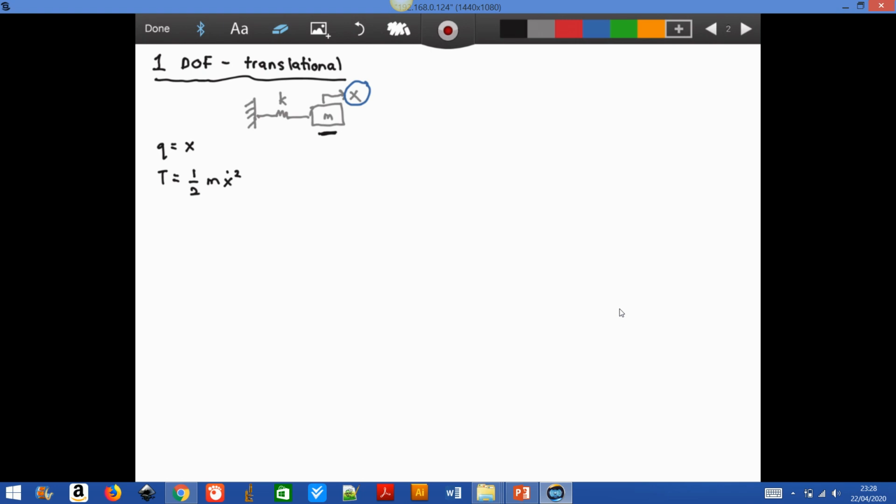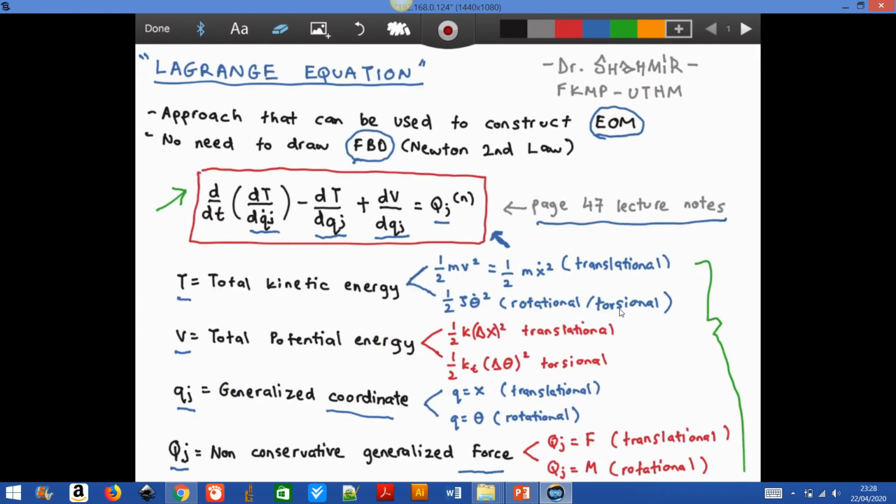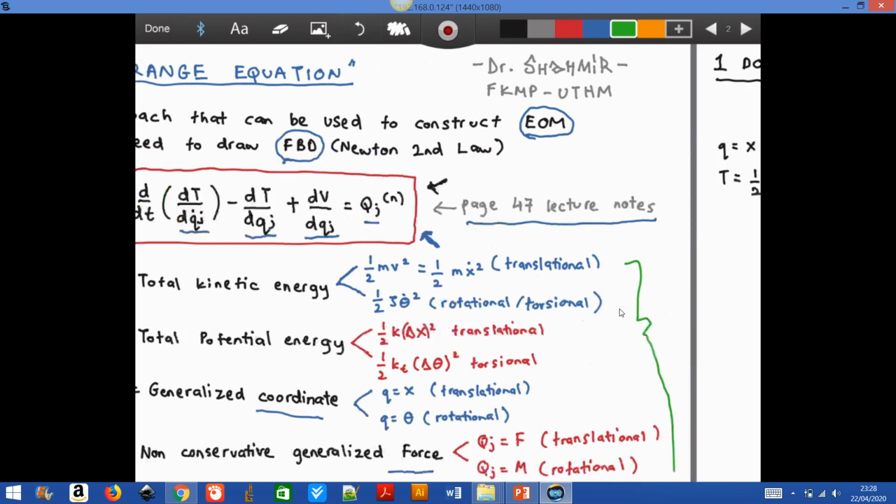Okay, and we know that we're going to use this equation in order to get the equation of motion. So I need to identify dT over d q dot j, anything related to T. Same goes to this one and also this one. Okay, so I'm going to write it later.